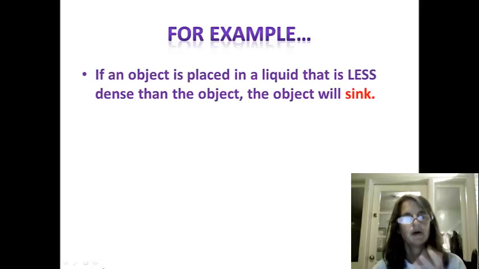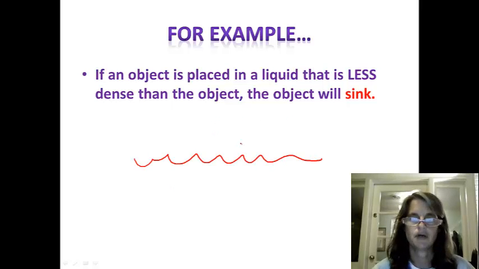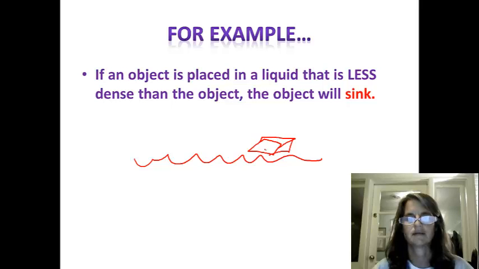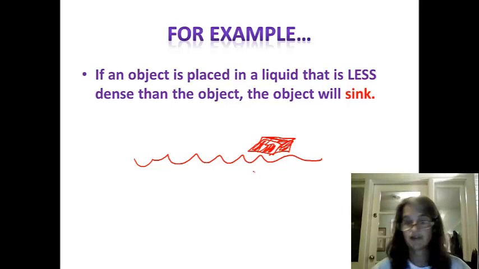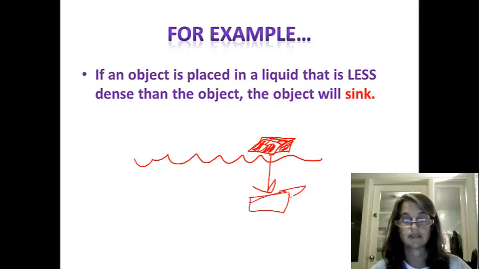But for example, if an object is placed in a liquid, let's say we've got some water here, and I have a piece of lead, okay? Lead is quite dense. And if I drop my lead into my water, my lead is going to sink because my lead is more dense than water. It will just go straight to the bottom.